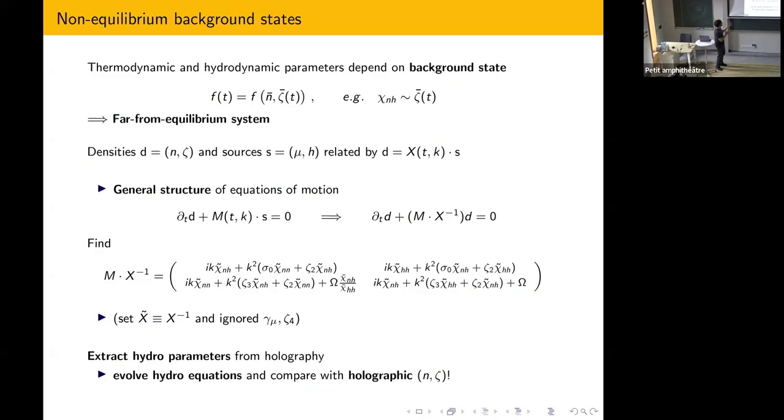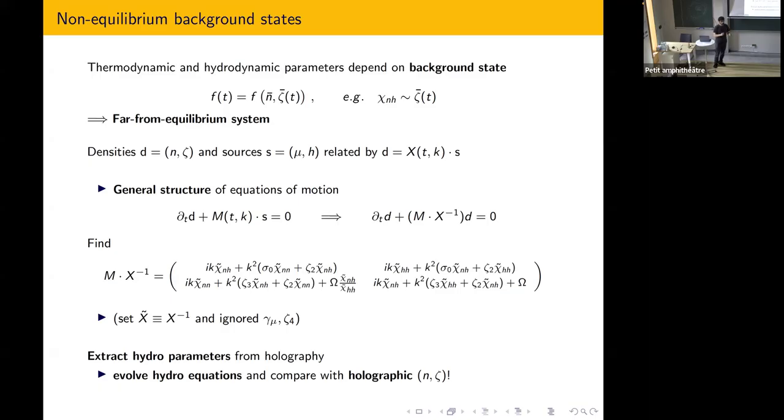And so all thermodynamic and hydrodynamic parameters of our system depend on the background superfluid velocity. In general, the equations of motion take the form that is shown there with time-dependent coefficients, and there's no analytic solution for that.